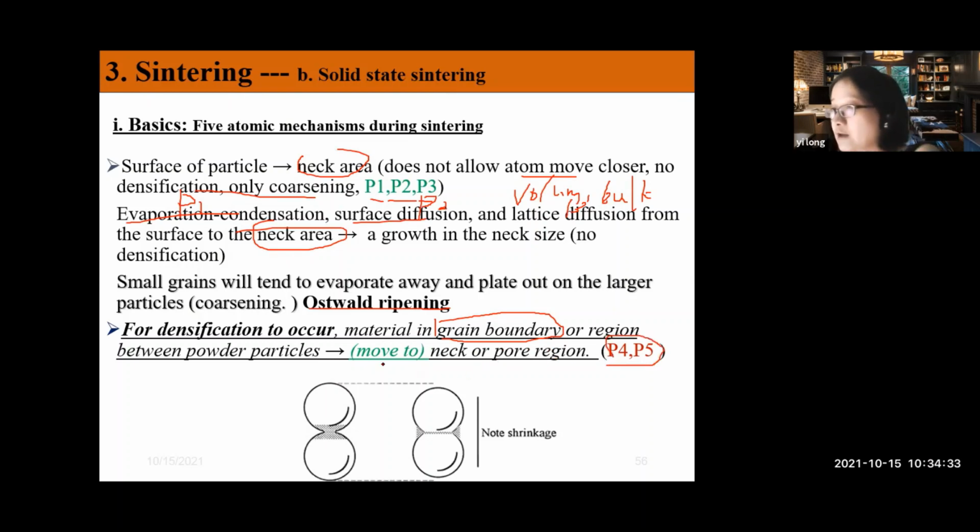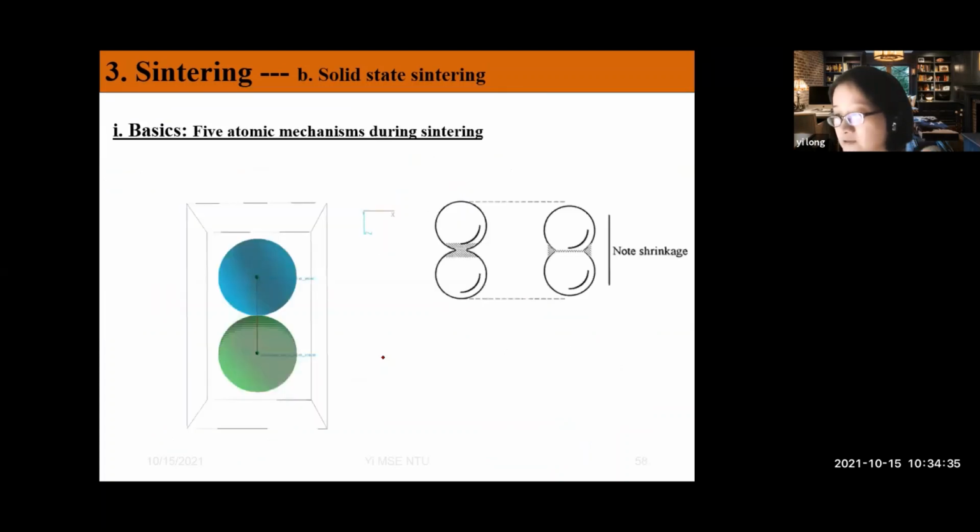I'm asking a question now. Can you start to answer? First of all, my question: atomically, you have a grain boundary here. This is the neck. Where are you going to have a higher vacancy concentration? Is it the grain boundary or the neck? Can you type?